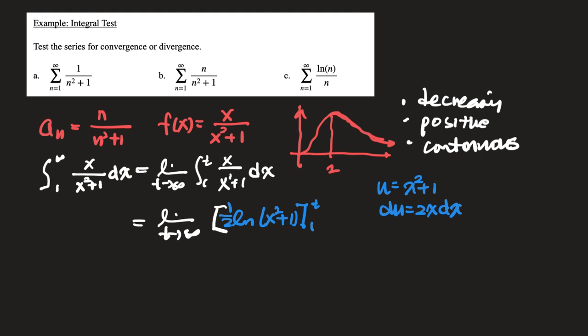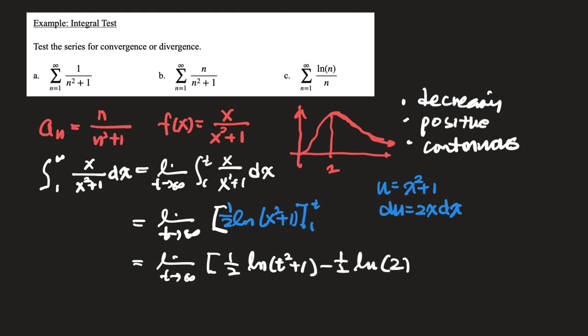Okay, so after this, look at this one. You plug in the t value right here, limit as t approaches infinity of 1 over 2 ln of t squared plus 1 minus 1.5 ln 2.